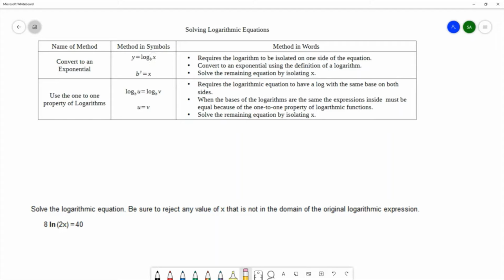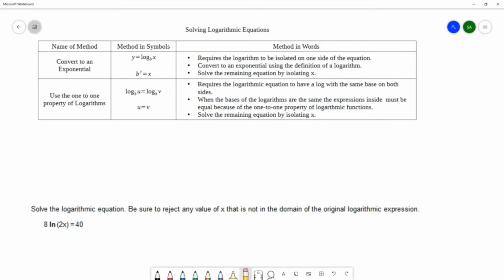But let's take a look at the second method just to be sure. With the second method, we're required to have a log with the same base on both sides of the equation.